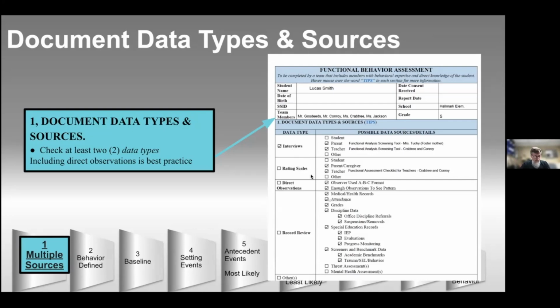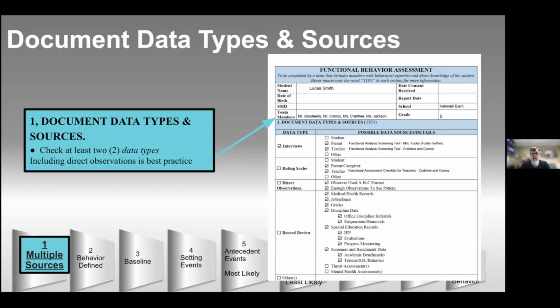You could also do direct observations, which I like to do, using the ABC format, antecedent, behavior, consequence, or I like using anecdotal observations, and then after I do an observation, I summarize that observation and put it into a way that it's usable when looking at the data.